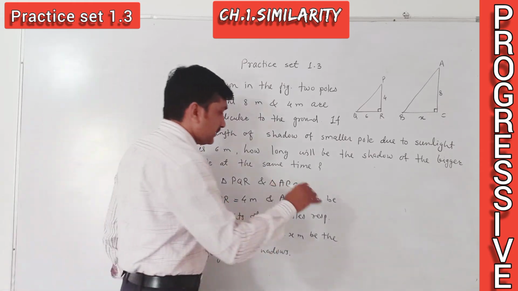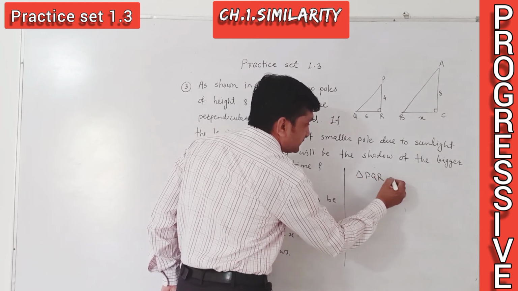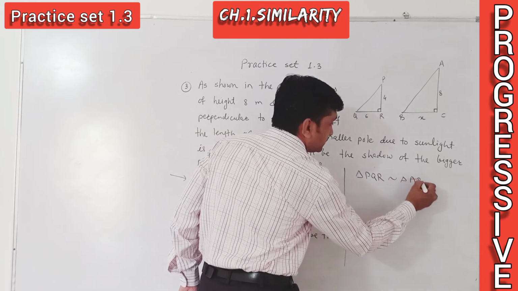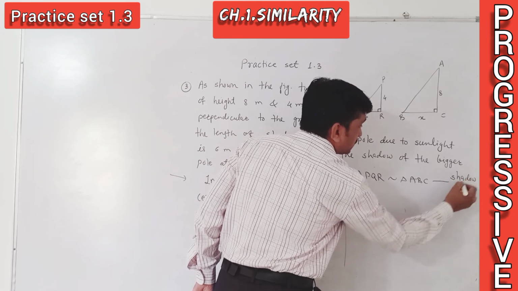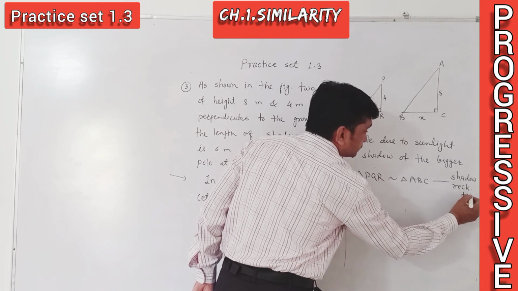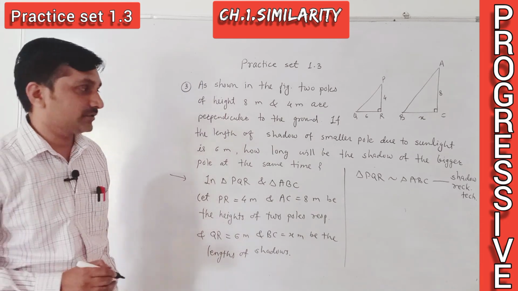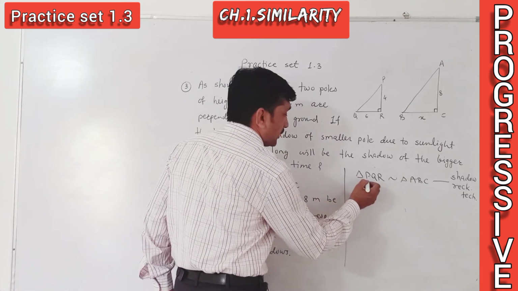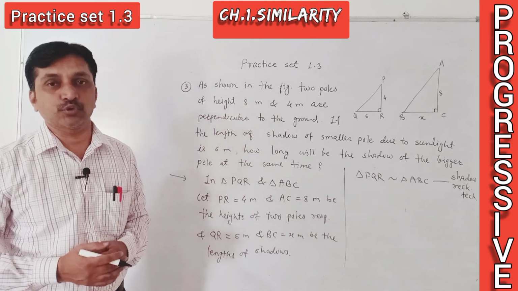Now write directly that the triangles are similar. Here I write triangle PQR is similar to triangle ABC, and as the reason you can write shadow reckoning technique. And we know that if two triangles are similar, corresponding sides are in proportion.